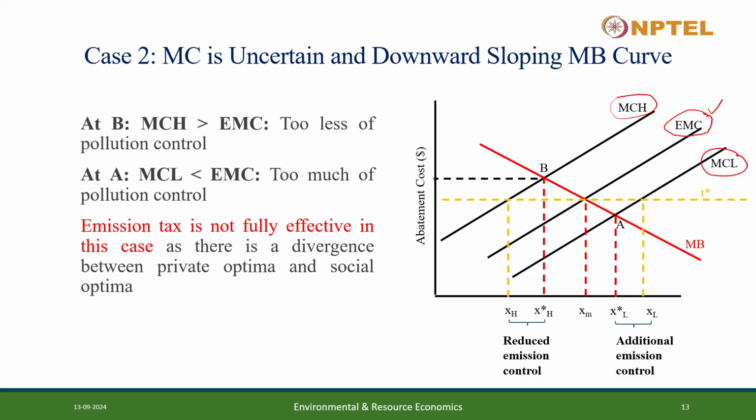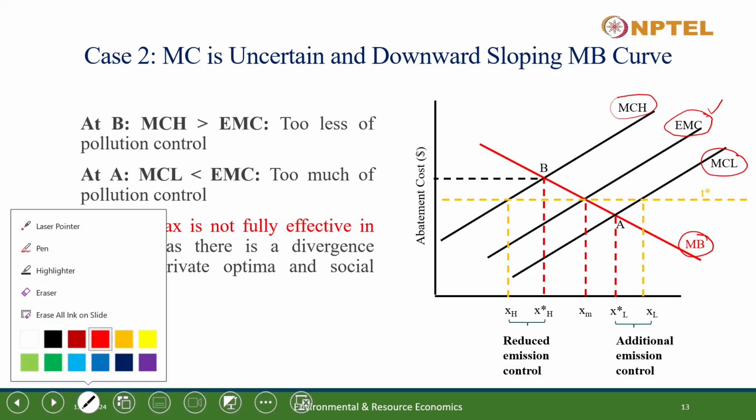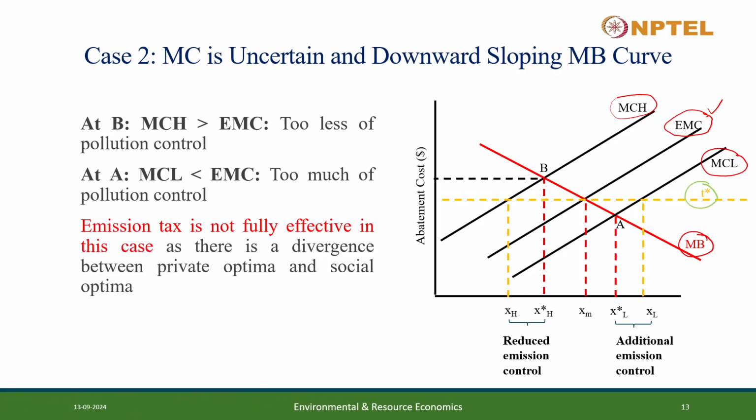We have taken the case where MB is downward sloping. In this case, during the emission tax system, the regulator will equate this tax amount with the expected marginal cost curve. So expected marginal cost and marginal benefit intersect at XM.